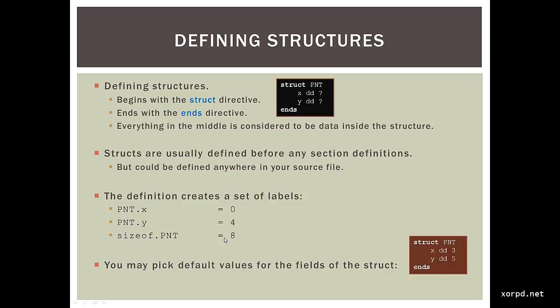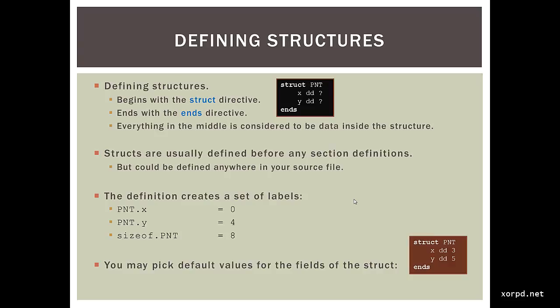Whenever you define a structure, you get this constant automatically, and you can use it anywhere in your code. It makes the code much more readable if you use sizeof.pnt than if you use 8. The reader of your code will not understand what is 8, but he will definitely understand sizeof.pnt.